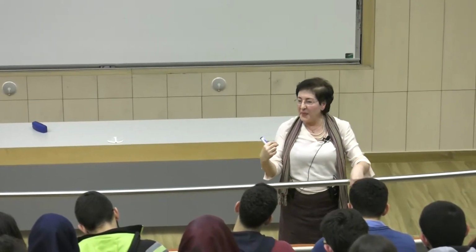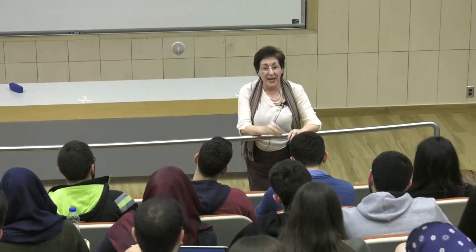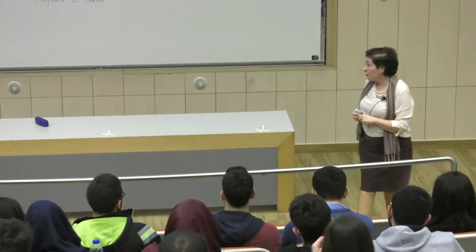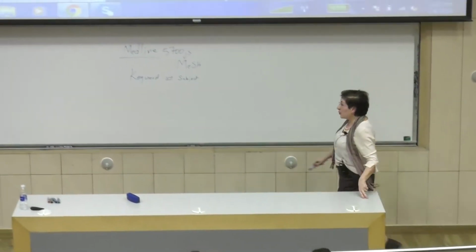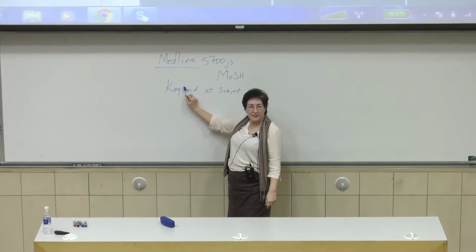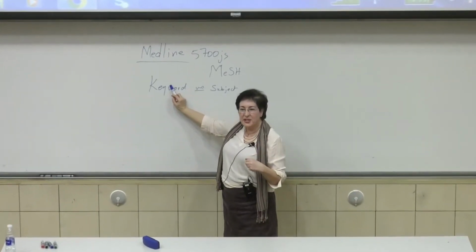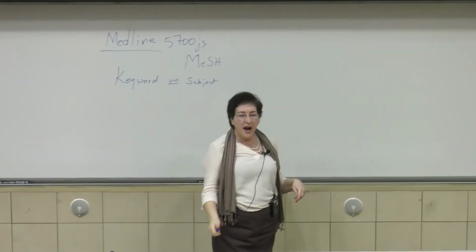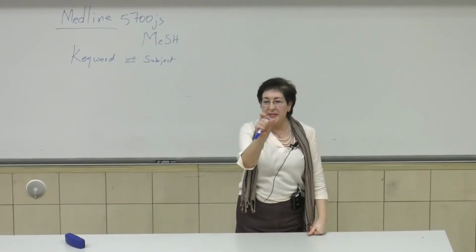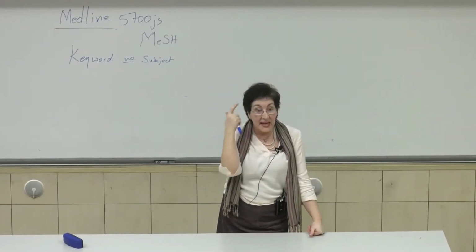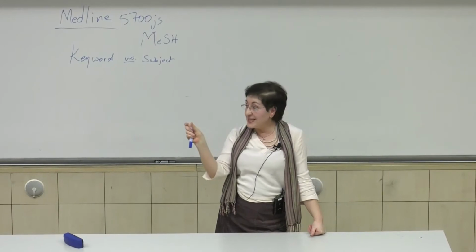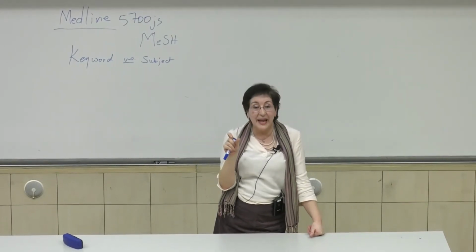Suppose I go to MEDLINE and I'm interested in acquired immunodeficiency syndrome. If I search in MEDLINE for AIDS as a keyword, what will I retrieve? I will retrieve any article indexed that contains the word AIDS. It's not intelligent, it just sees the occurrence of the word AIDS.